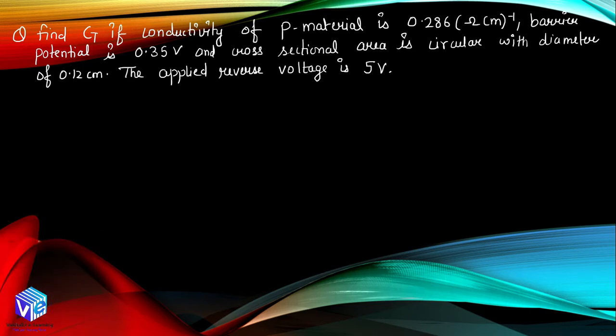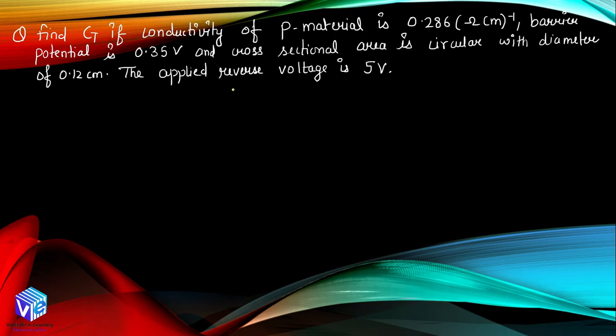The next question states: find CT if the conductivity of P material is 0.286, the barrier potential is 0.35, and the cross sectional area is circular with a diameter of 0.12 centimeter. The applied reverse voltage is 5 volt.